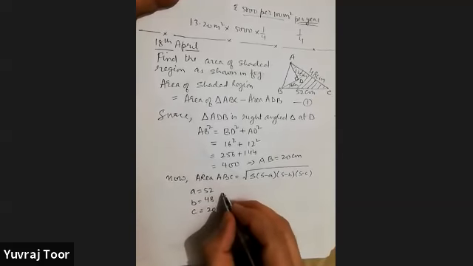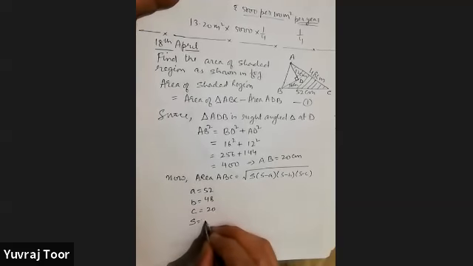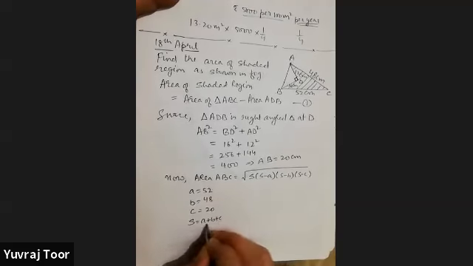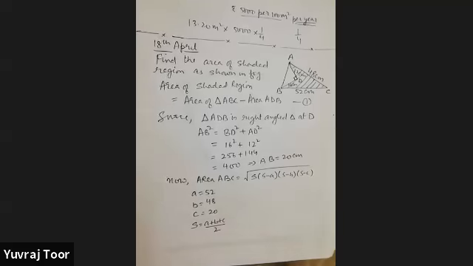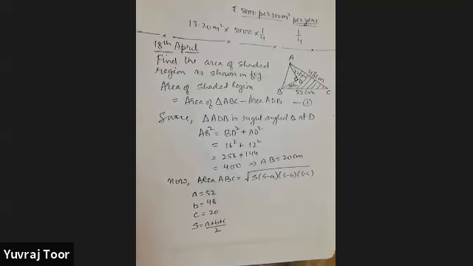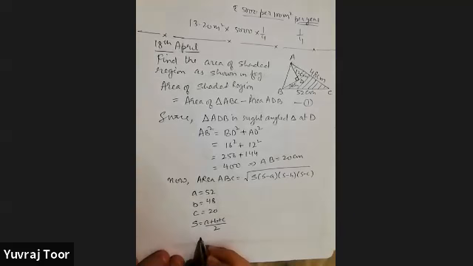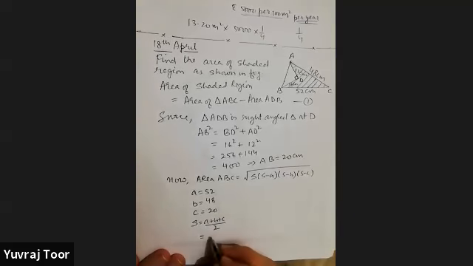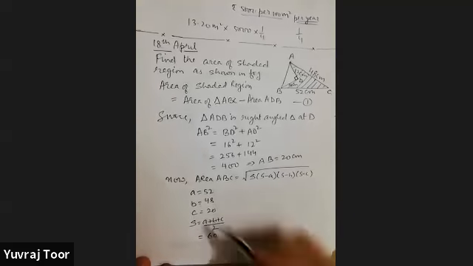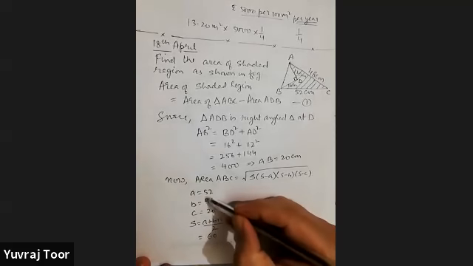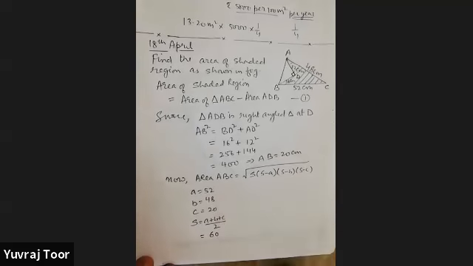Now what is S? S is equals to A plus B plus C by 2, which makes 120 by 2, that is 60. Let us check it. 100, 120 divided by 2, 60.